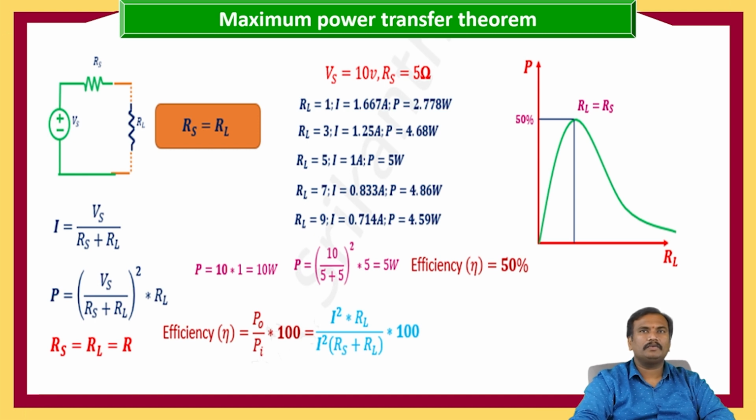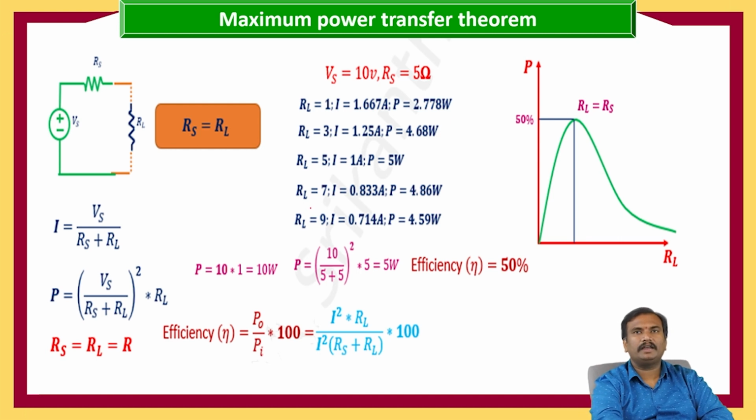In a similar way, we calculate the power at R_L is equal to 3. First we calculate I, that is Vs by R_S plus R_L, and power is equal to I square into R_L. Like this, we get the power value as 4.68 watts. And at R_L is equal to 5, we get I as 1 ampere, where power is equal to 5 watts. Up to R_L equal to 5, the power value is incremented.